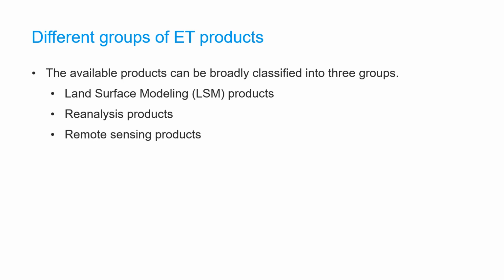But remote sensing based products in this case are tailored for ET estimates using satellite data. Some approaches like surface energy balance modeling using remote sensing data can be considered as subset of land surface modeling too.